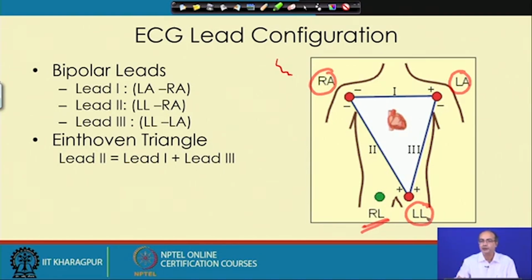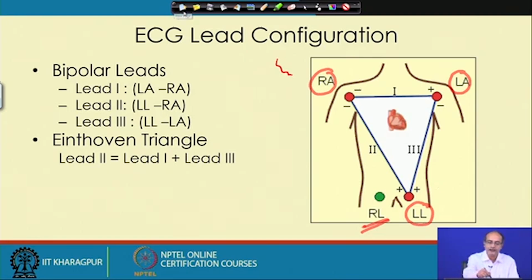It is taken from the periphery, near the hands, so that it becomes easy to collect the data. It may be taken from the right wrist and the left wrist, and near the ankle for the leg. So, these are the points.